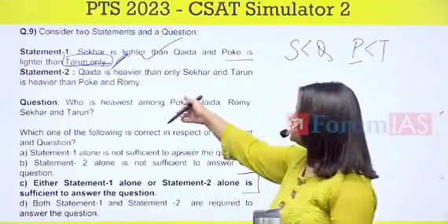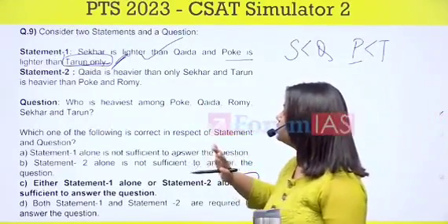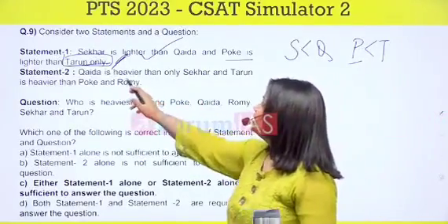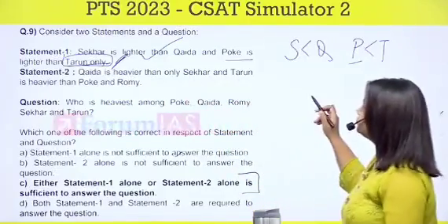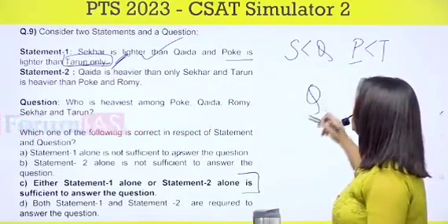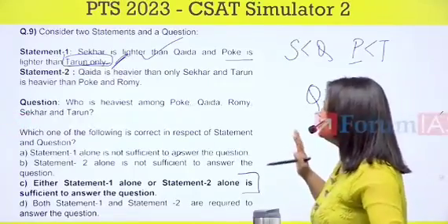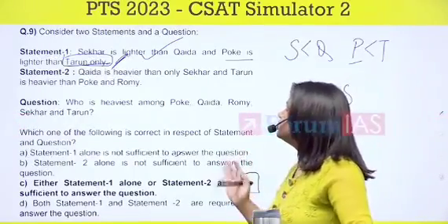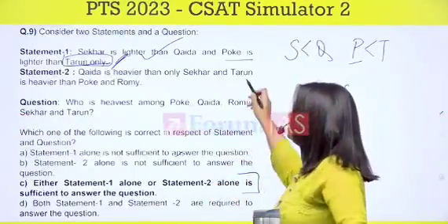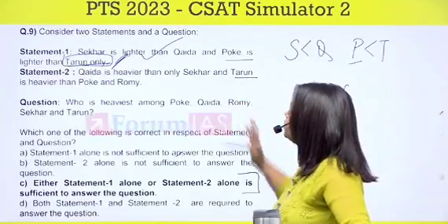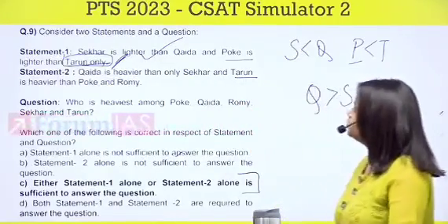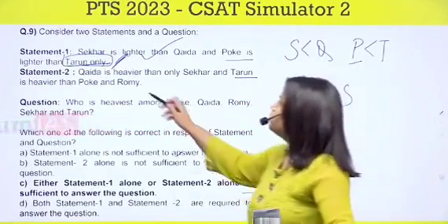Now let's look at statement 2. Now Qaeda is heavier than only Shekhar. If Q is heavier than Shekhar only, matlab Q is lighter than everybody else, right? And only heavier than Shekhar. Shekhar is the lightest. And Tarun is heavier than Poke and Ronnie, right? Tarun is heavier than Poke and Ronnie.